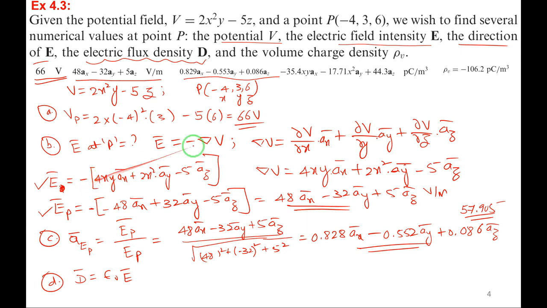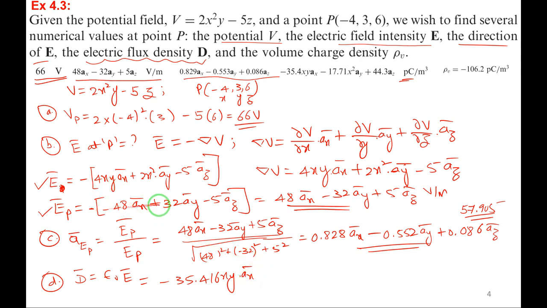Or else 10 power minus 12, they have taken it as pico, so let me take it outside. I will just multiply 8.854, and the minus sign, minus 4xy. So multiply 8.854 into 4, I am getting minus 35.416 xy ax.